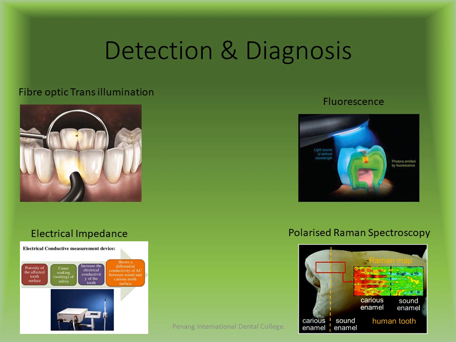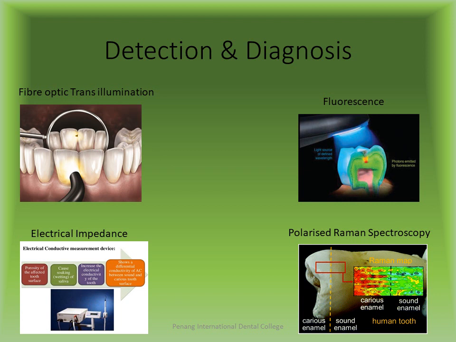When you are generally screening the patient clinically under the normal dental light, sometimes we may miss certain interproximal regions where we may feel that it is not under caries attack. However, if we are in doubt, we can use fiber optic transillumination. We can even use fluorescence, and we can project a strong beam of light, because of which we will be able to see the caries attack.